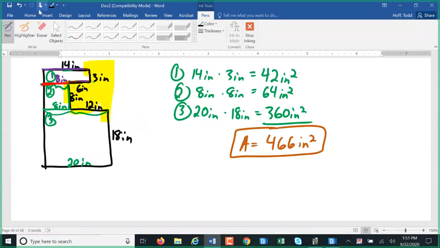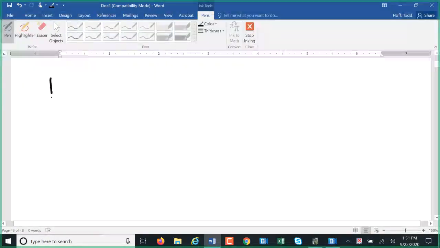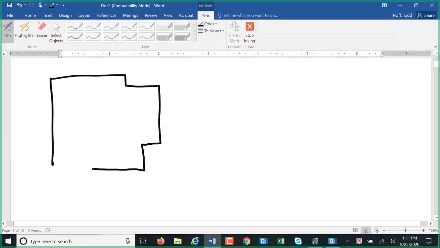Now, on the other hand, there are problems like this next one. We'll make it work. Let's say this is 2 inches, 10 inches, 36 inches there, 28 inches.